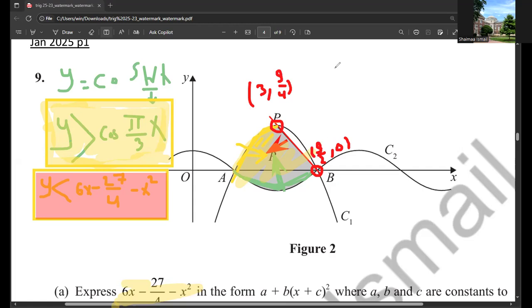So easily we can get the slope. If we need to get an equation, we need a slope and a point. We already have a point. We can take this point, 9 over 2 and 0. And the slope, or the gradient, will be 0 minus 9.